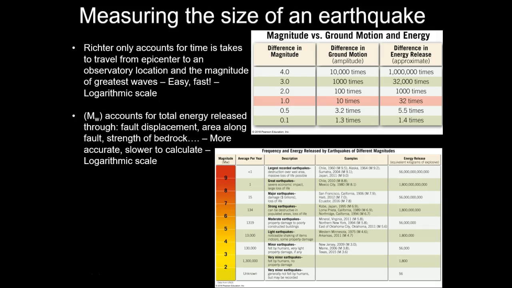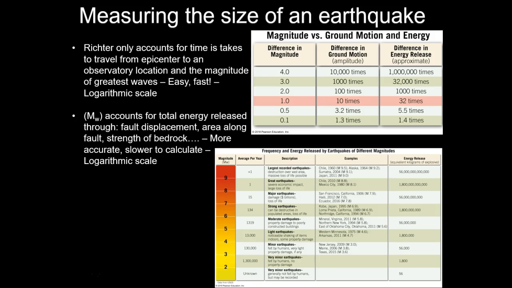For measuring medium and larger earthquakes, seismologists now use the moment magnitude scale. This one estimates the total energy released during an earthquake, and it is calculated by determining the average amount of slip on the fault, the area of the fault surface that slipped, and the strength of the faulted rock.